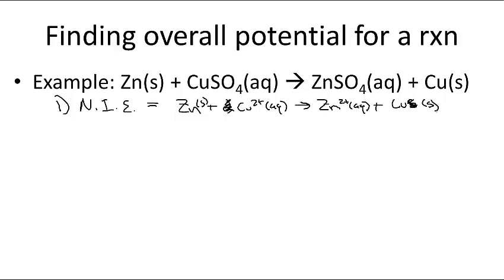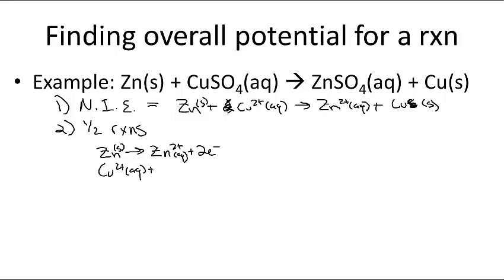So we already did this net ionic equation, so I don't need to derive it for you again. 2, do the half reactions. So we have Zn makes Zn2 plus 2e minus aq. Here are 2 half reactions.